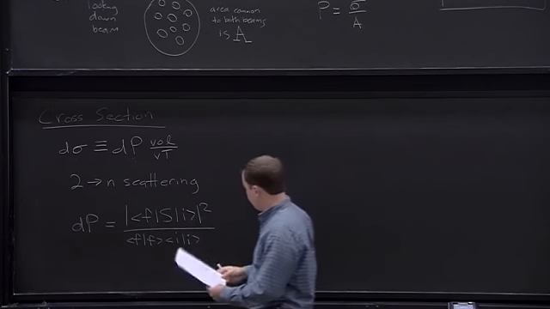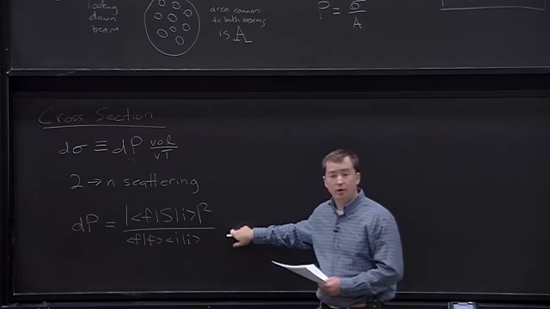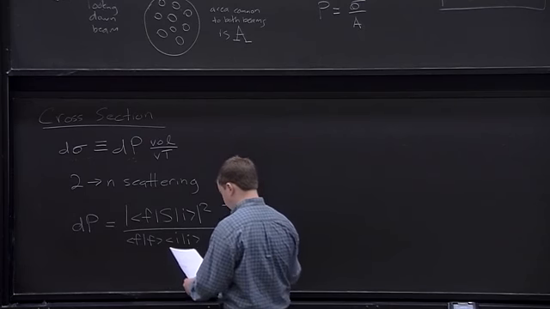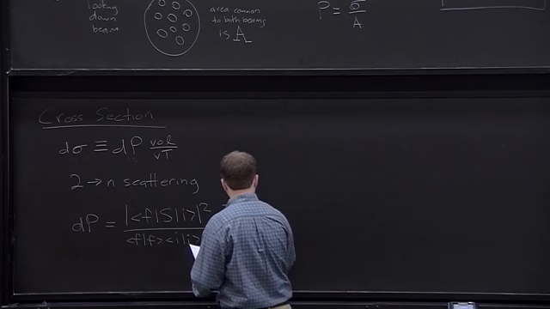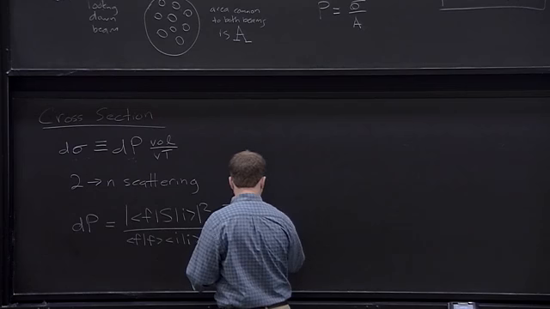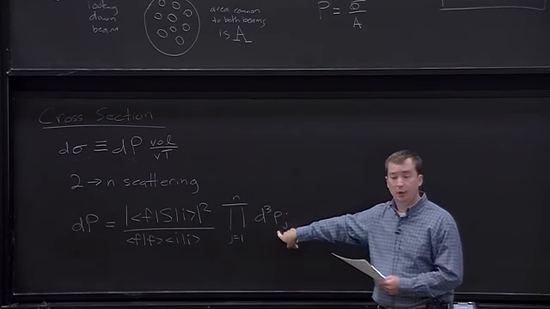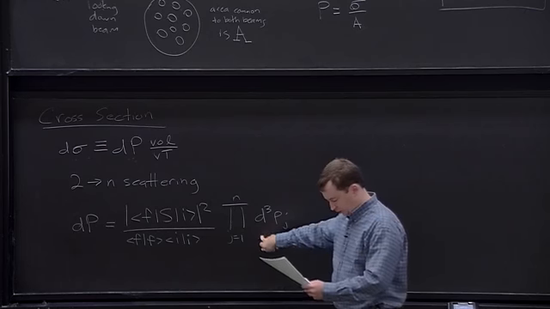So we need a measure here over the momenta of the final particles. So you might imagine there's some product over d3 pj, where pj are the momenta of the final particles. We need to be careful about the normalization here.